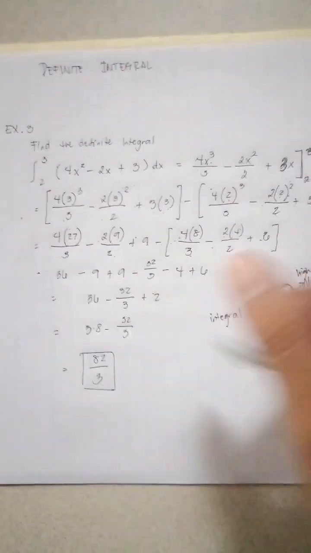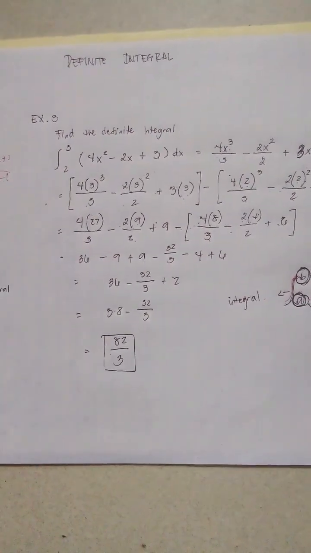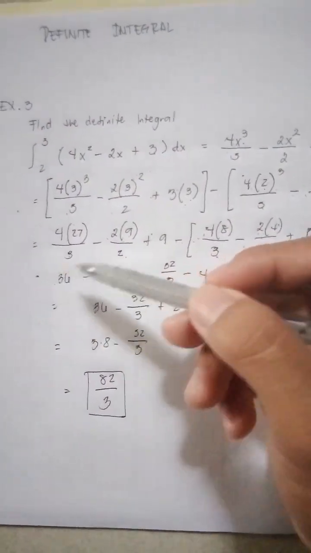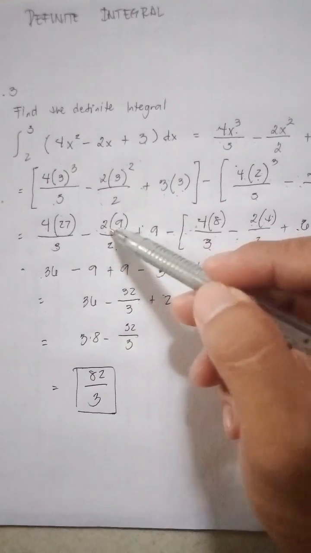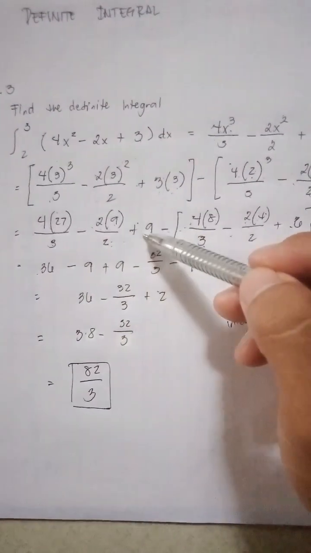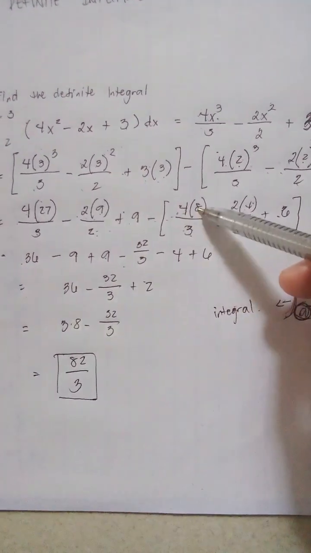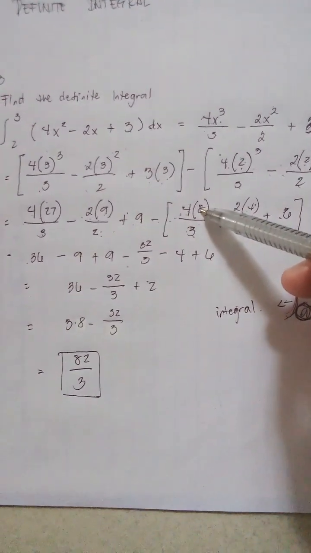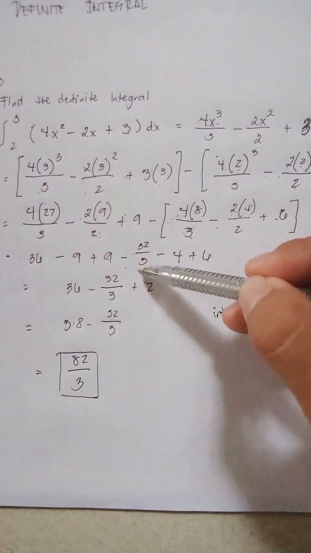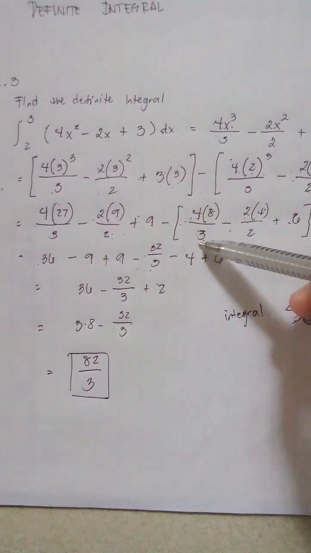4 times 27 equals 108 divided by 3 equals 36, and 2 times 9 equals 18 divided by 2, which is 9, plus 9, and 4 times 8 equals 32 over 3. Oh, sorry, I mean 32 over 3.